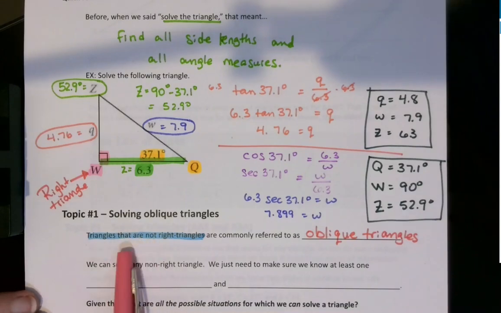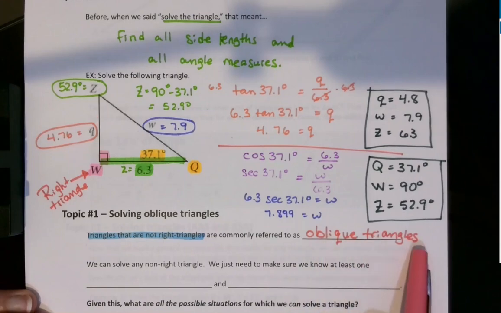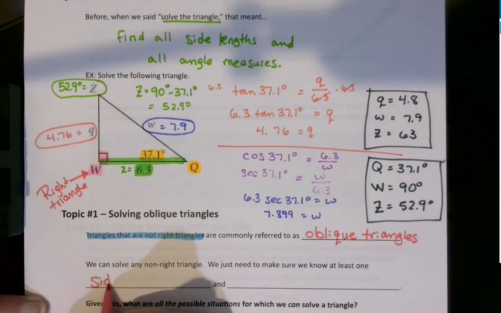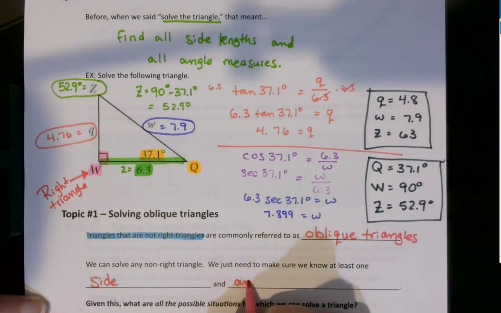And just like right triangles, we can solve any non-right or oblique triangle. We just need to make sure that we know at least one side and any other two measures.